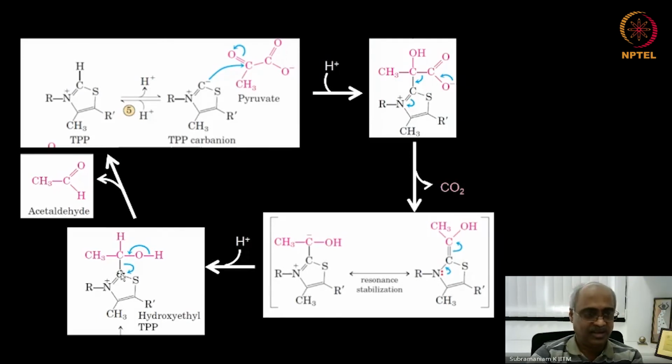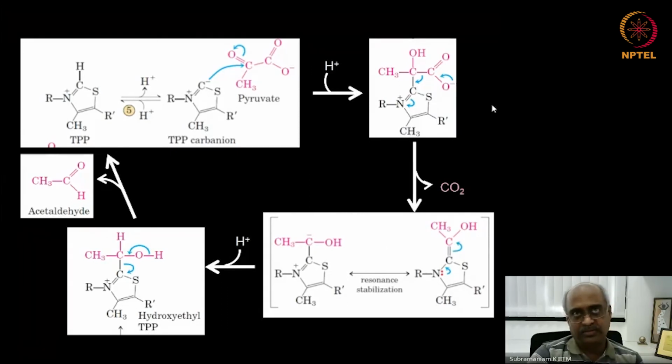So this is how acetaldehyde is carried, and therefore this hydroxyethyl structure is normally called the active acetaldehyde group. This is the activated form which can readily donate the acetaldehyde to another substrate. So that is the kind of reaction in which TPP becomes important.